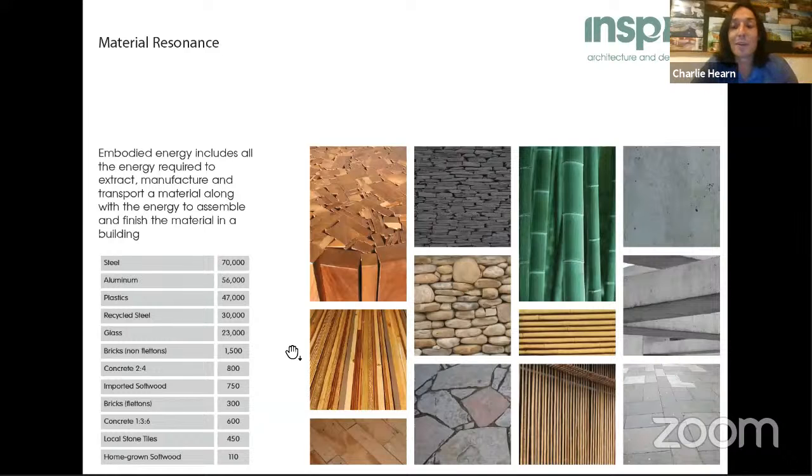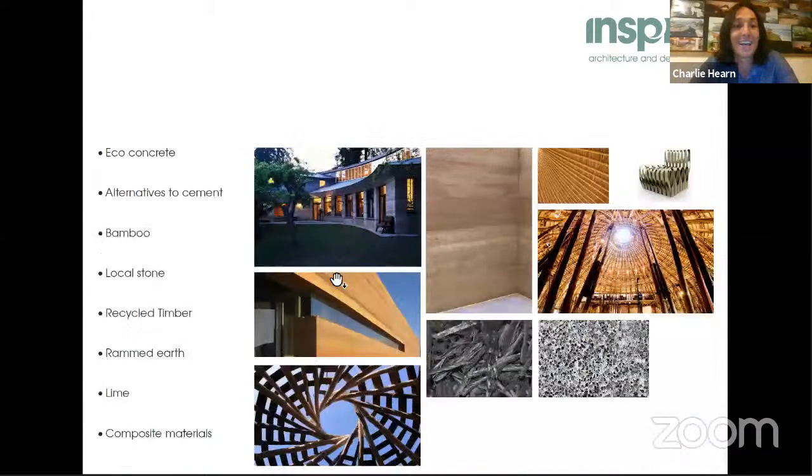But interestingly, bamboo is even half of this. So the leap, and what our earlier speakers touched on before, is that the carbon footprint of bamboo is dramatically less than other materials. So within our design, we like to combine bamboo with what could be considered eco concrete or alternatives to cement. Obviously, we have the bamboo. We love to use local materials.